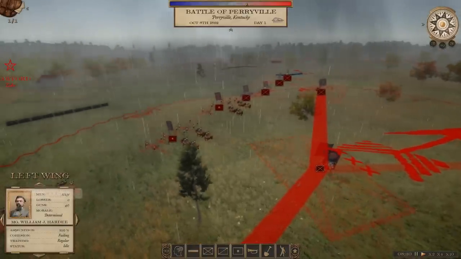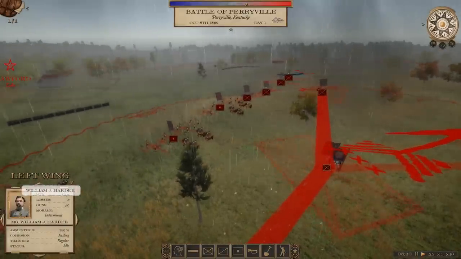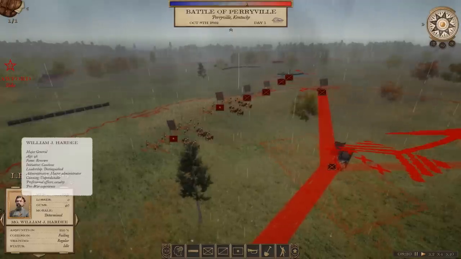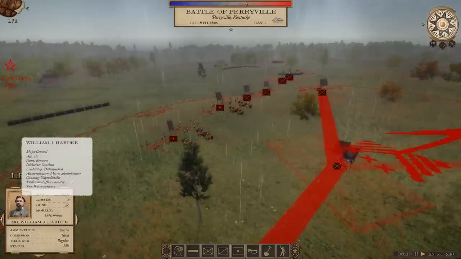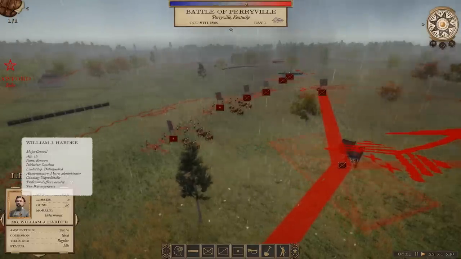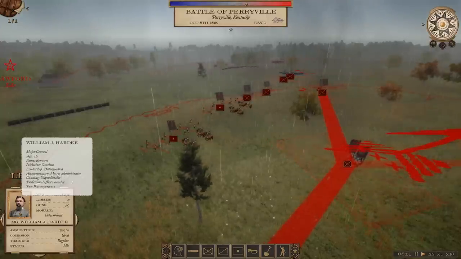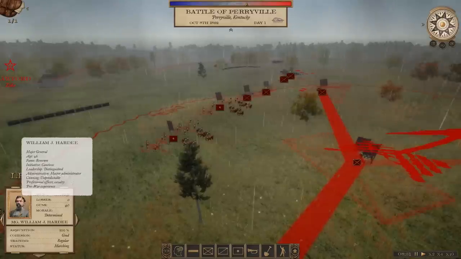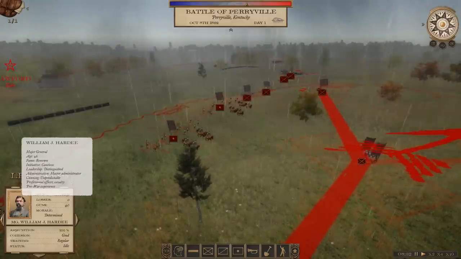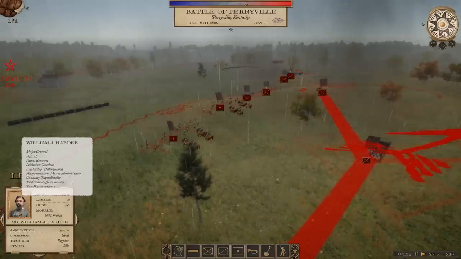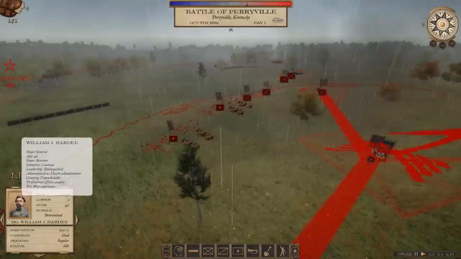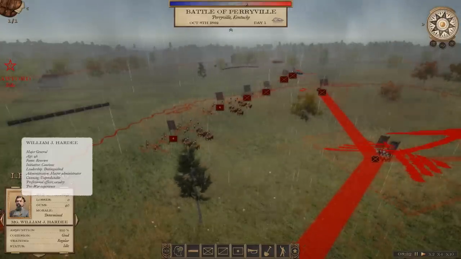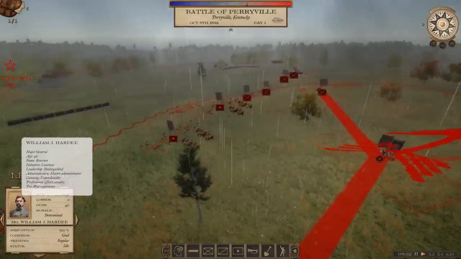For example, in comparison, William Hardee, commander of the left flank, his initiative rating is cautious, and administration level is quite high, so we can count on him to get the supplies distributed, get his troops properly drilled and so on, but probably not going to take huge risks.